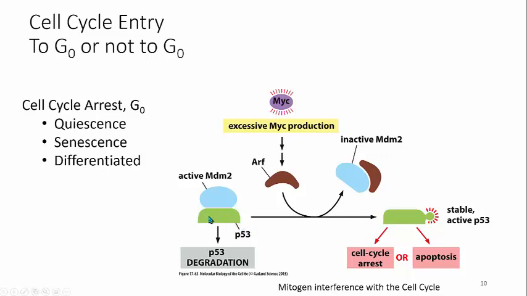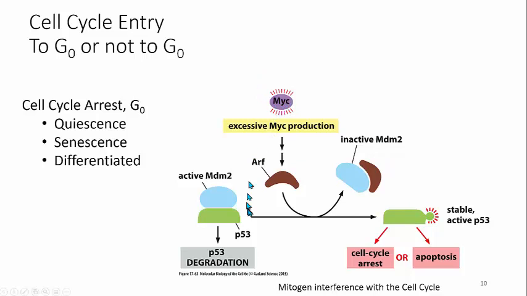P53 in its normal state, when it's activated, propels the cell into the G0 state. It also can elicit the cell to go into cell cycle arrest or apoptosis, depending upon the kinds of signals that have sent the cell into G0.